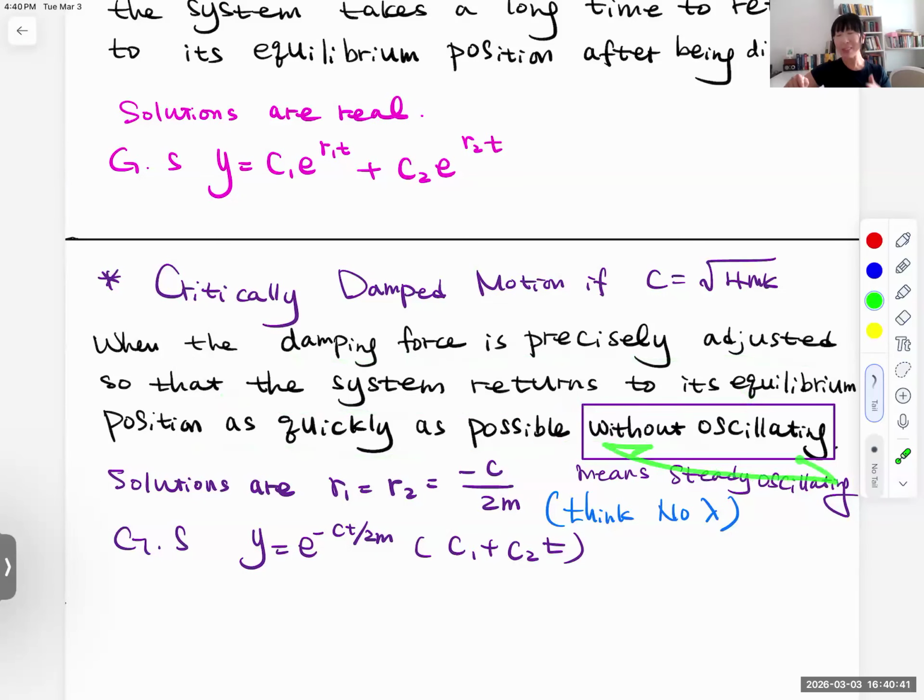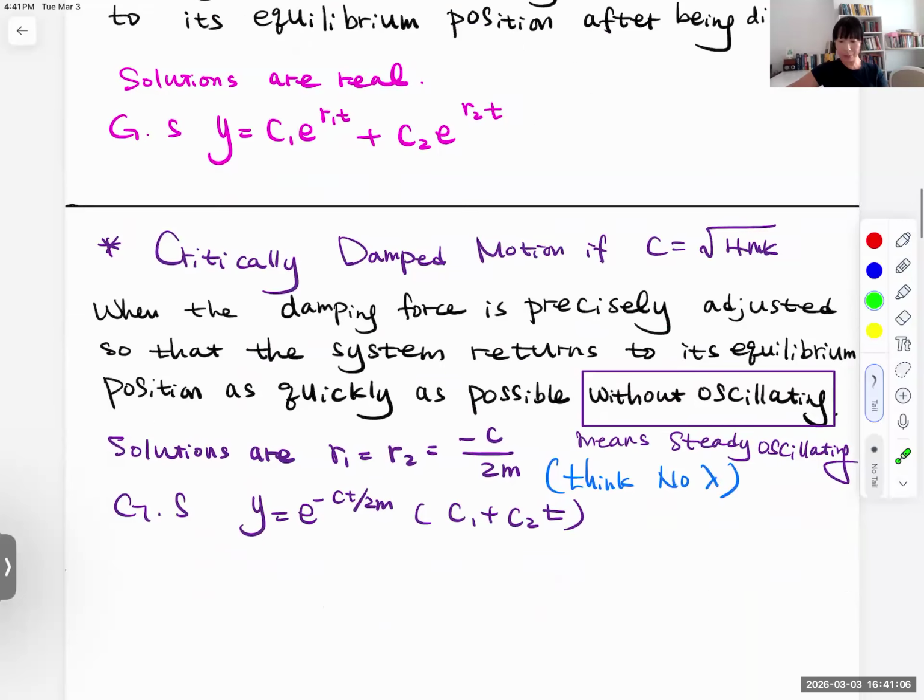So the solutions r sub 1, r sub 2 equal negative c over 2m. So the general solution will have e to the negative c t over 2m, and the form is like this. Okay? All right, let's do this.